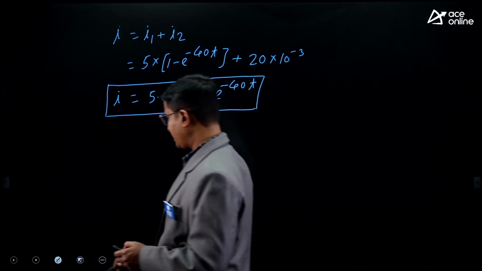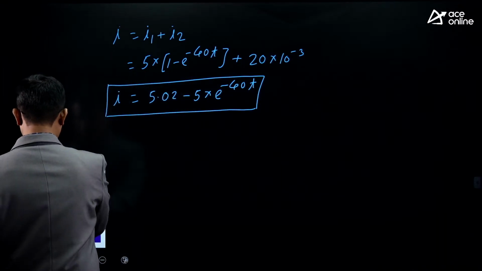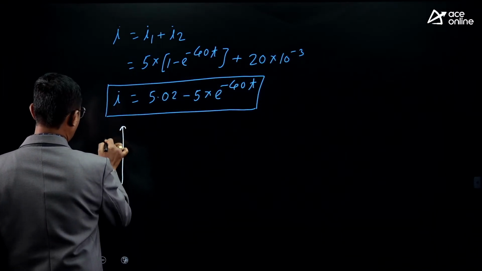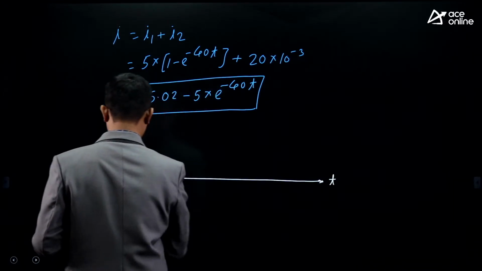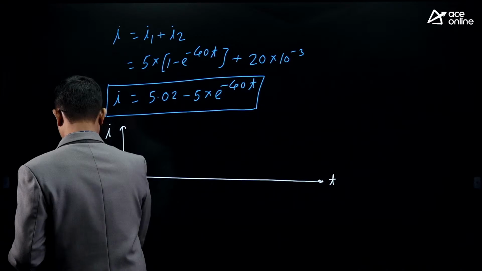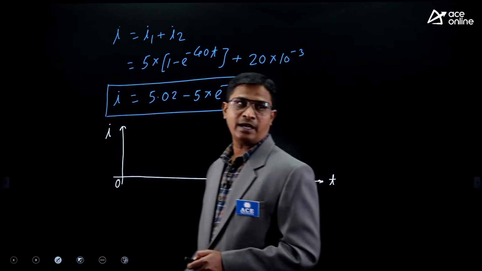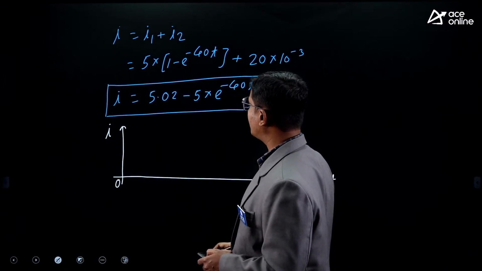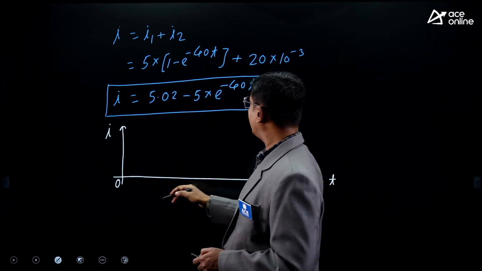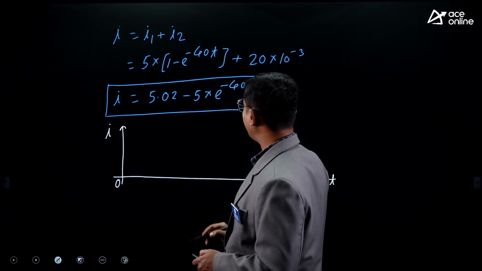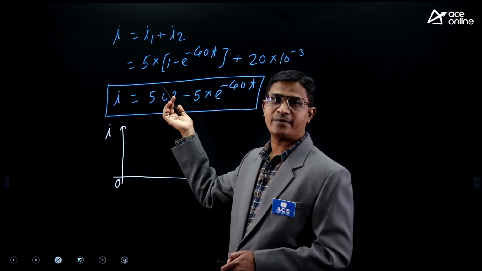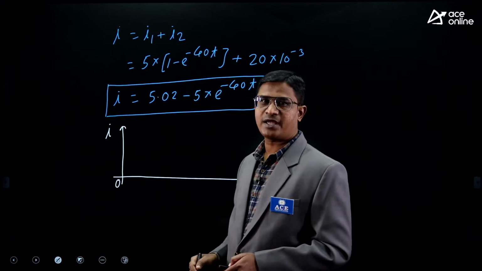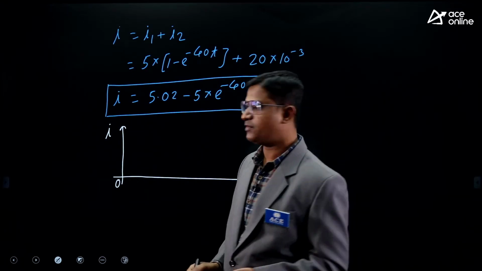Now, if you check this current I waveform, how it will be? At t equal to 0, what is current? T equal to 0, e to the power 0 means 5 into e to the power 0 is 5. So 5.02 minus 5 means it is 0.02, that is 20 milliampere.